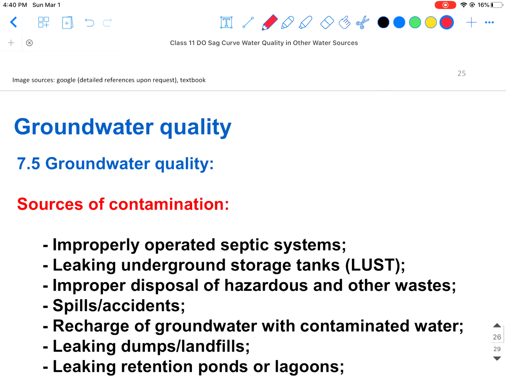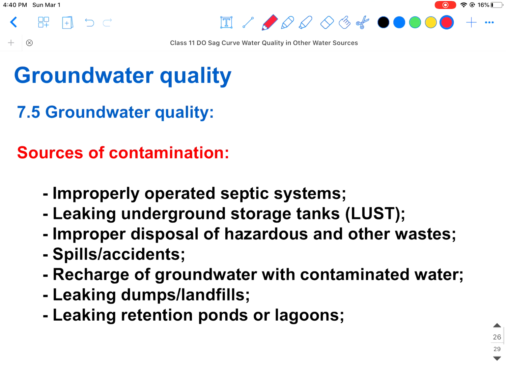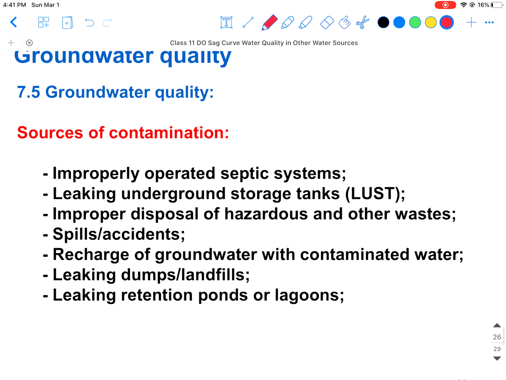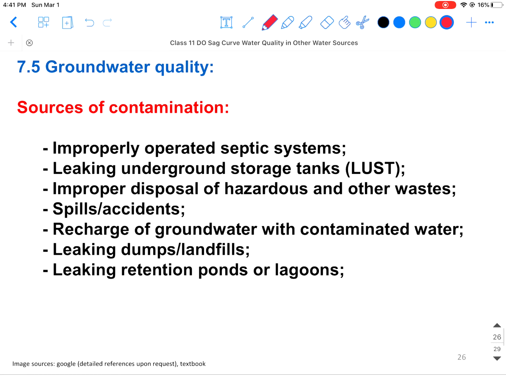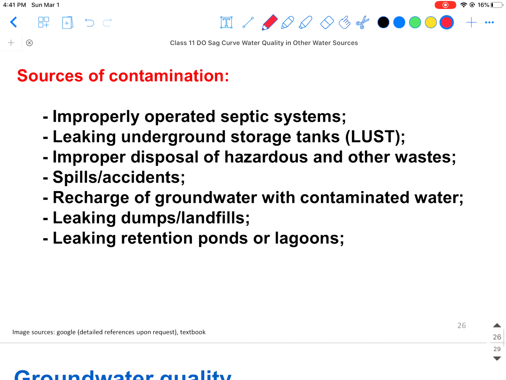in the oceans. And further, in terms of the groundwater quality, we need to know what the sources of this contamination are, right? So the groundwater can be affected by improperly operated septic systems or leaking groundwater storage tanks, right?